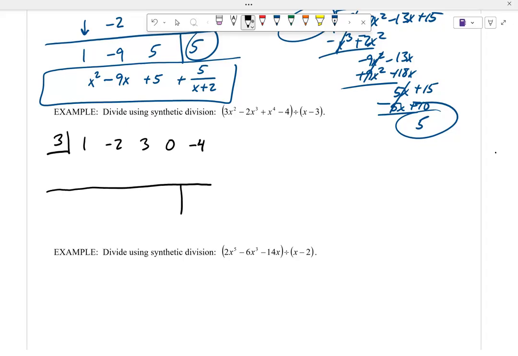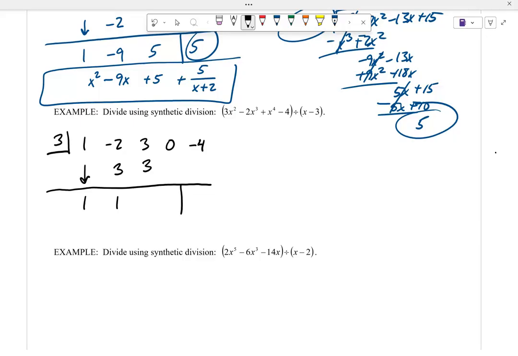And now we're going to run through the process. Drop the 1 straight down. Multiply it by k. 1 times 3. 1 times 3 is 3. Negative 2 plus that 3. It's a positive 3. Negative 2 plus 3 is 1. 1 times 3 is 3.